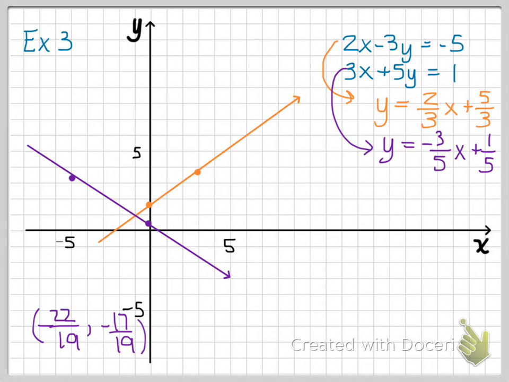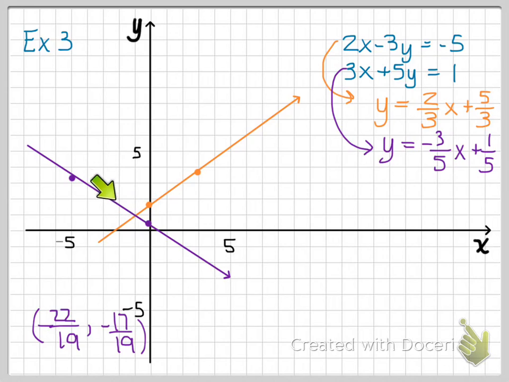And so for this one, the y-intercept here is positive 5/3, so just shy of 2. And then I counted off over 3 and up 2 to get this positive 2/3 slope right here and graphed it. And then the second one, the y-intercept is 1/5, so right down here.